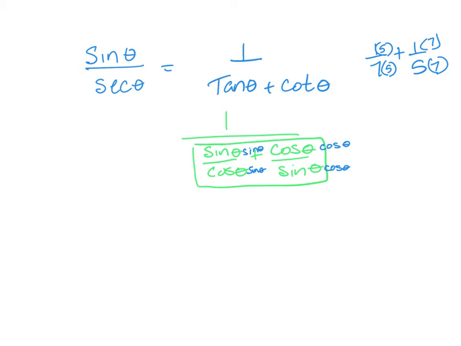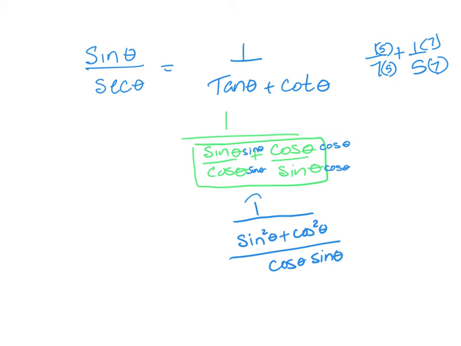All right, so now I've got 1 over sine squared of theta plus cosine squared of theta all over a common denominator of cosine theta sine theta. So when I have 1 divided by this fraction, that equals 1 times the reciprocal of that fraction.